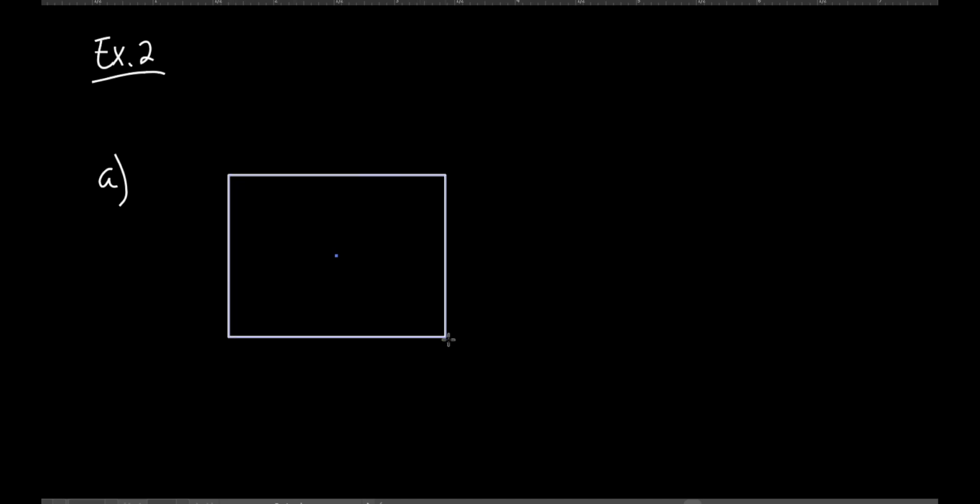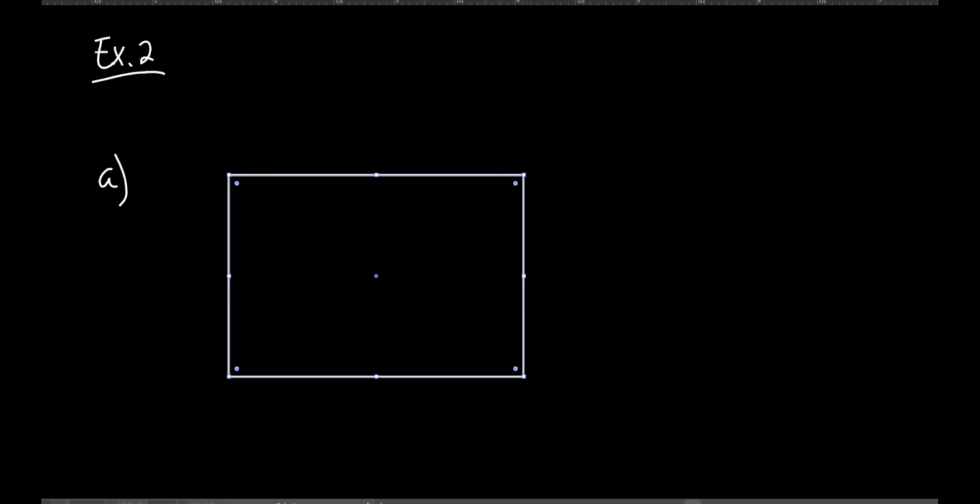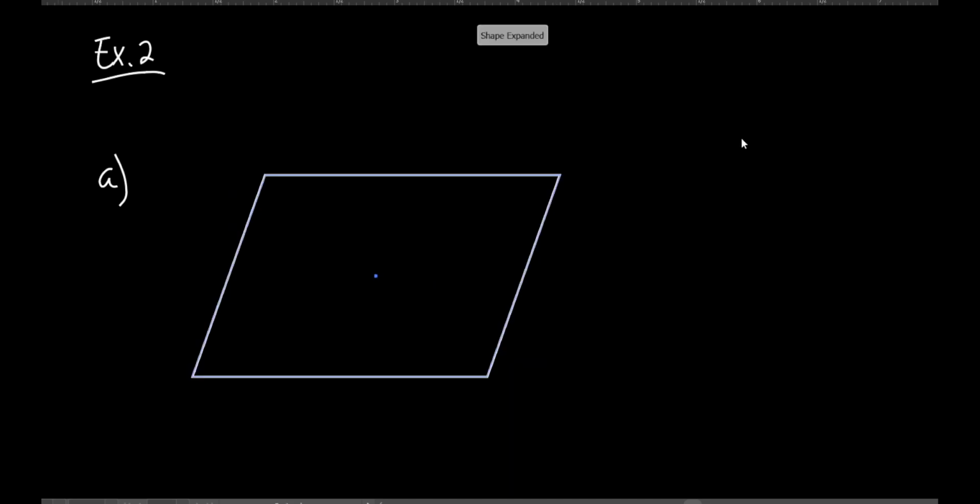But let's do this. Example 2. This is a two-parter, A and B. And then once we're done B, then that's it for today. Let's get this to slant a little bit.